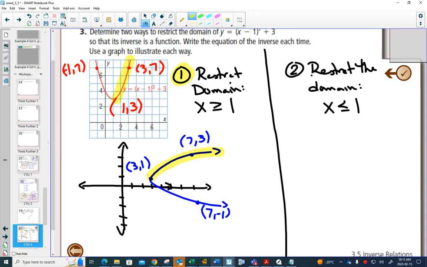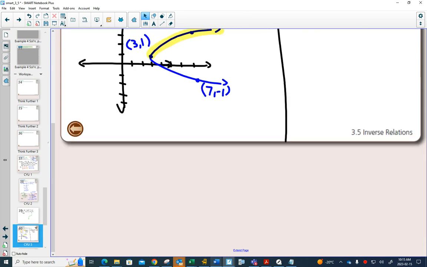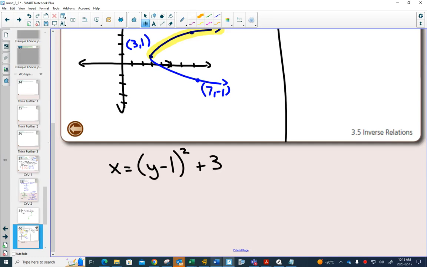How do I find the equation of an inverse? Well, algebraically, we find an inverse by switching x and y and solving for y. So if I take the original equation and I switch x and y, I would get x equals (y minus 1) squared plus 3. I now have to solve for y.